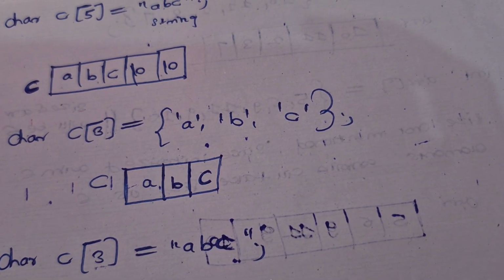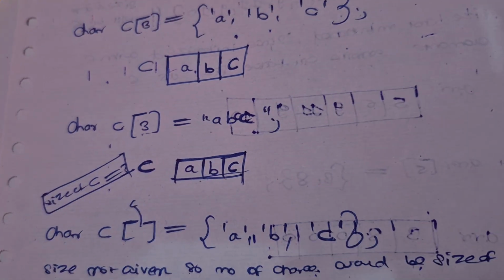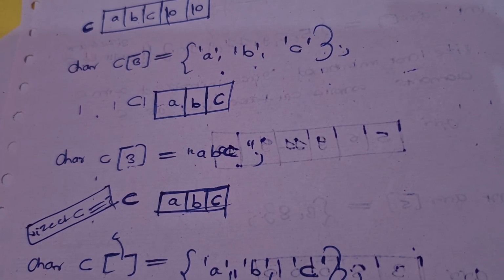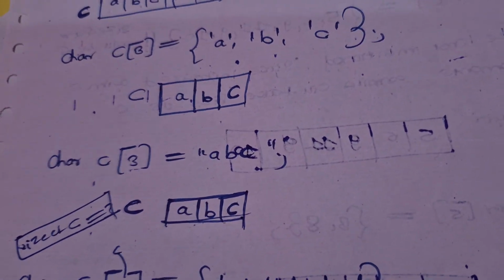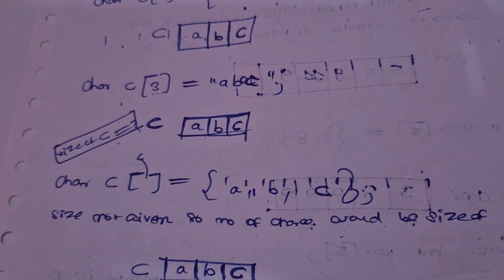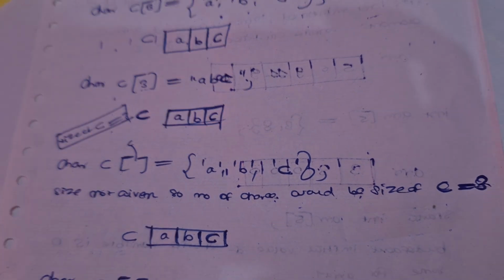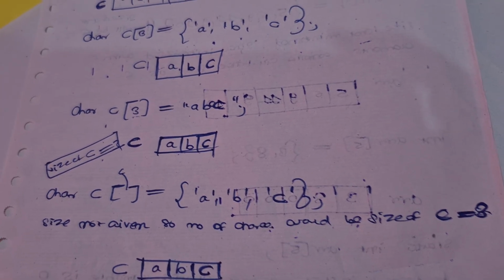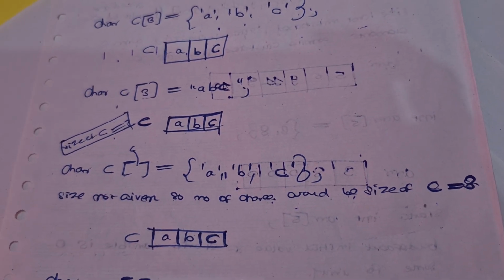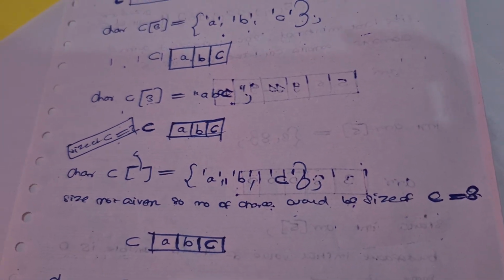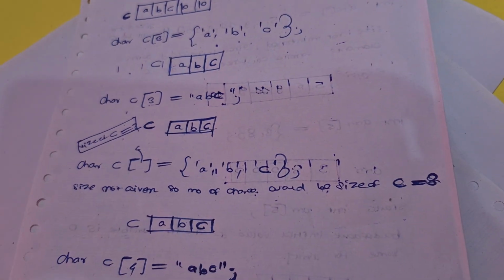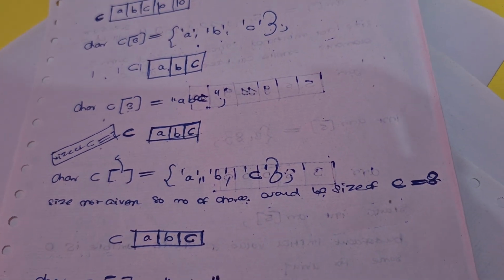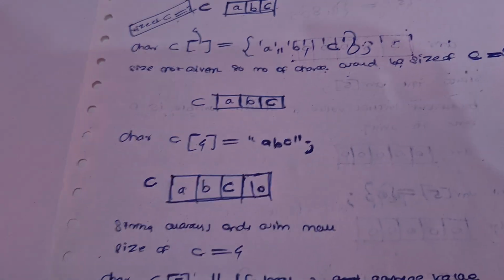It's pretty straightforward. C of 3 and string is given, so it's the same thing, in 3 boxes. Here an empty array is given and the string ABC is given, we need to store it. So ABC, and since a string ends with null, 4 would be the size, which was not given earlier. The compiler will take size as 4 because the string ends with \0, which is null.